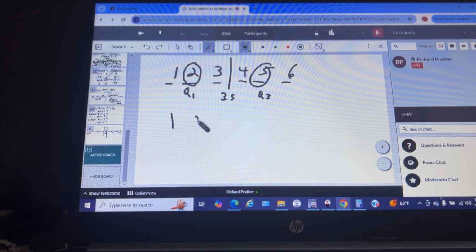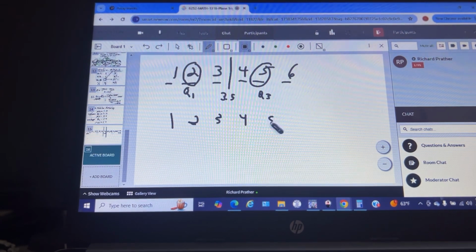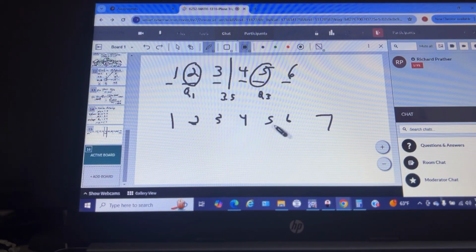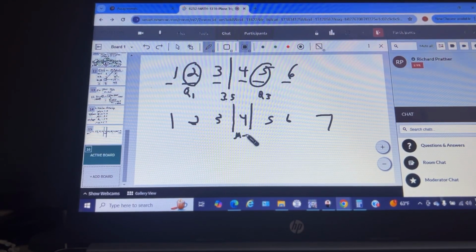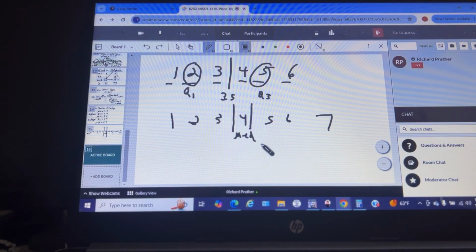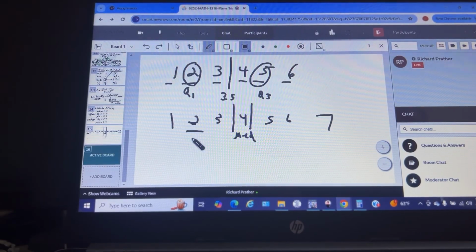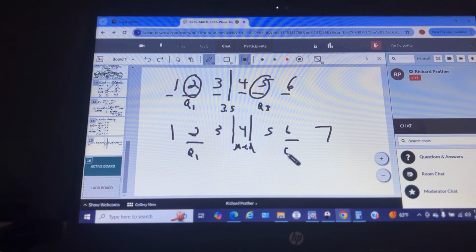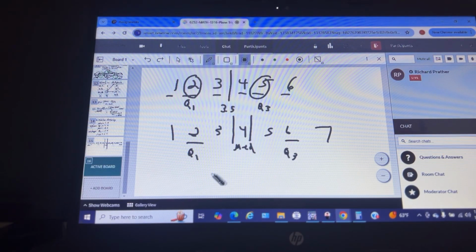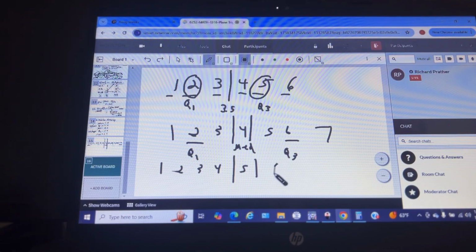But if I have 1, 2, 3, 4, 5, 6, 7, now with 7 numbers, there is exactly one number in the middle. That's the median. And then you draw a line on each side of it and don't use it. So the middle of the lower half now is still 2, and the upper half median is 6. But let's say you had 9 numbers, 1, 2, 3, 4, 5, 6, 7, 8, 9.